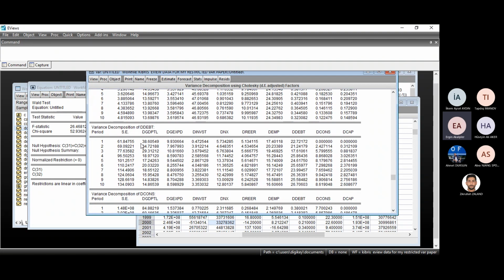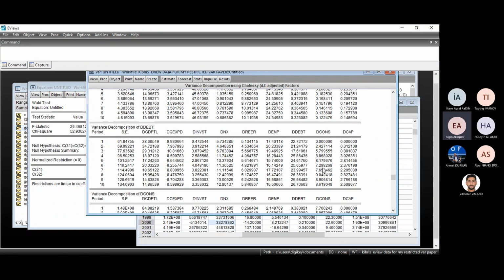And public debt, again here, the governmental expenditure is a little bit high. The GDP is high. NX a little bit high. Real effective exchange rate is a little bit high. Employment is high. Debt, as you see, is the same parameter.